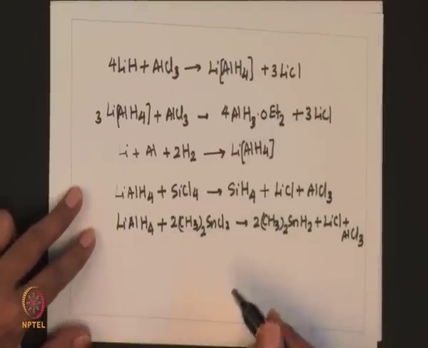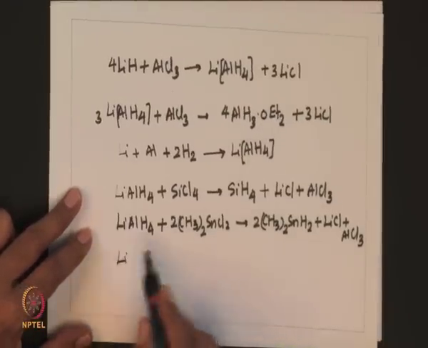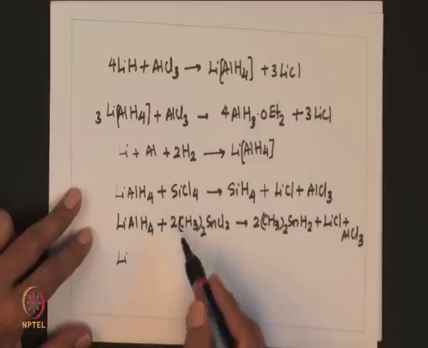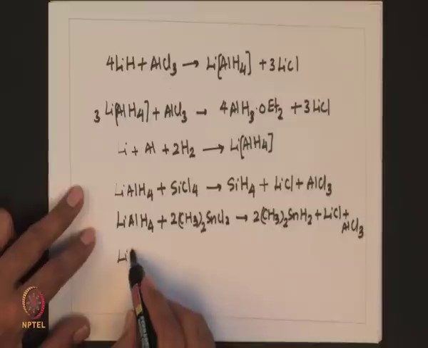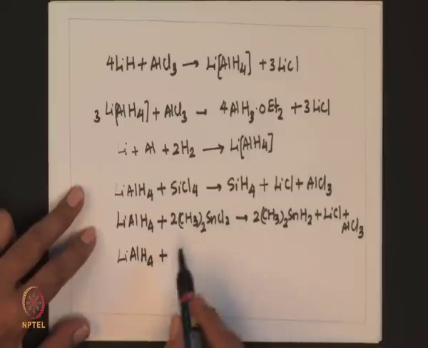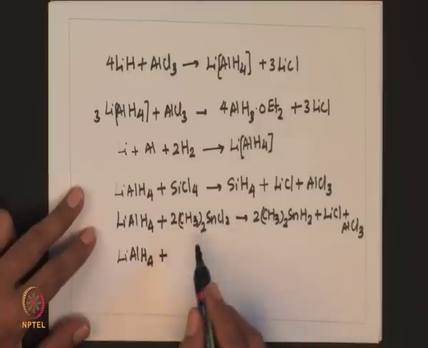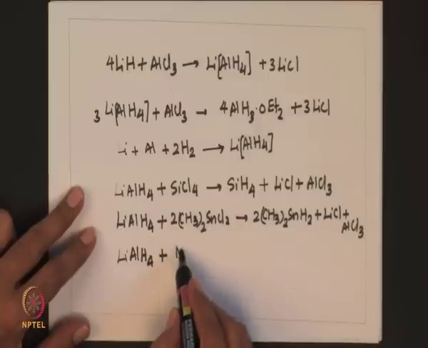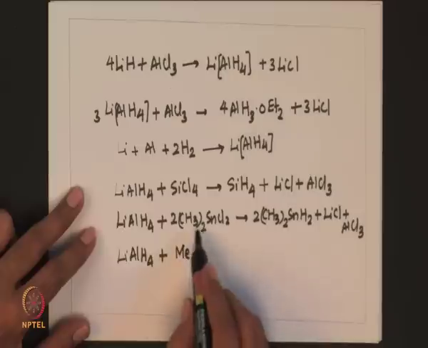If you take dimethyl zinc instead of these, you can also generate zinc dihydride, but these are all highly reactive and highly pyrophoric compounds. One has to handle them in the absence of air or moisture under strictly inert atmospheric conditions. Methyl, I am writing CH3 methyl.